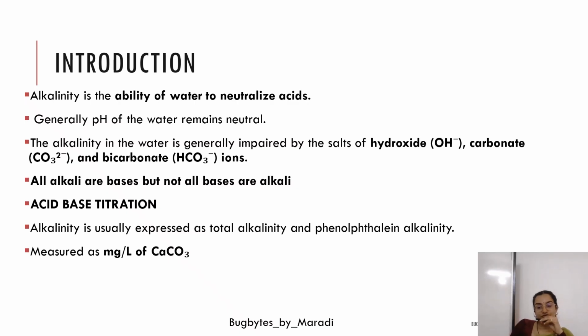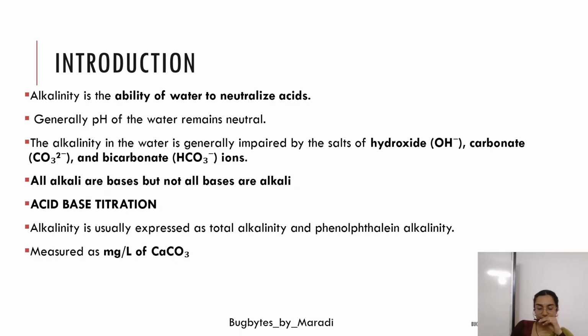Now, to check the alkalinity of the water sample, we will be using acid-base titration. For performing the acid-base titration, we'll be using two indicators: the phenolphthalein indicator as well as the methyl orange indicator. Alkalinity is expressed as total alkalinity as well as phenolphthalein alkalinity.